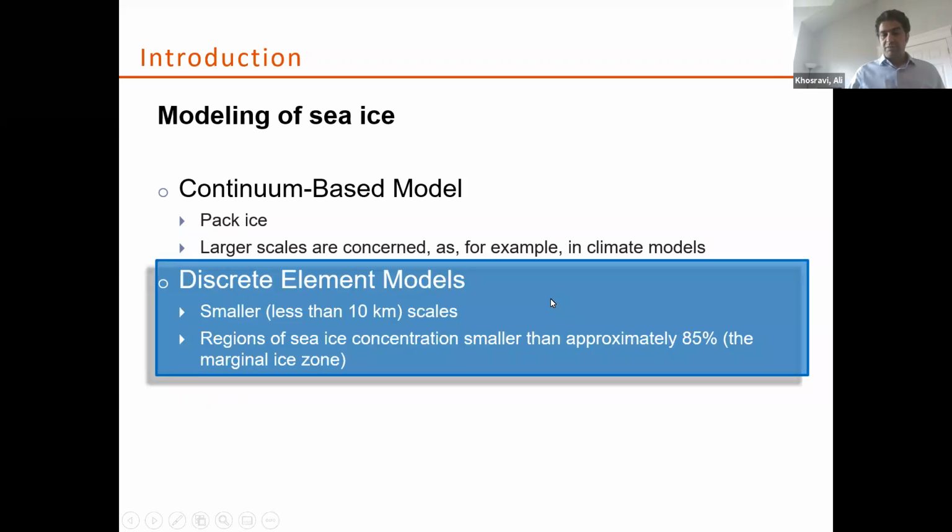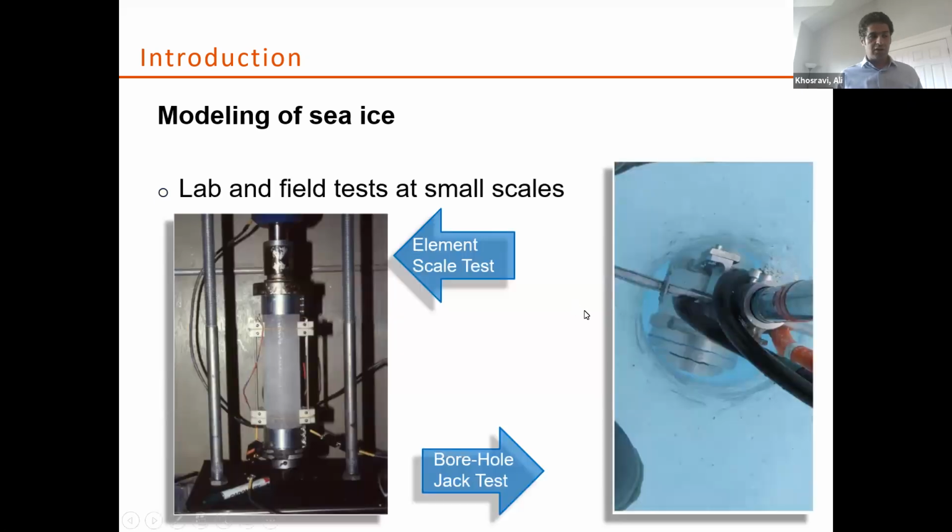These discrete element models especially have been used for modeling of sea ice at the scale of lab and field tests, like unconfined compressive tests or borehole jack tests, results of which have been used for different applications, like better understanding of the mechanics of the sea ice at these scales, or even for the calibration of larger scale models.